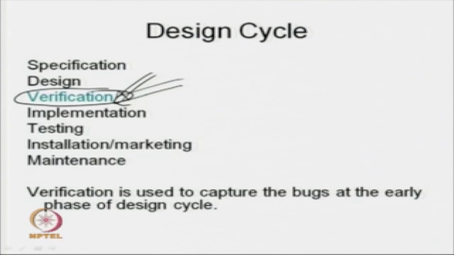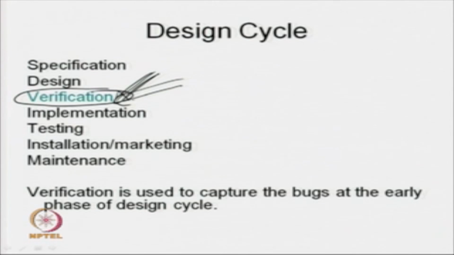By looking into our specification, we have come up with a design, and for a specific purpose we are going to design a device. That device should satisfy some properties or some specification. In this verification phase we are going to check the correctness of those properties.